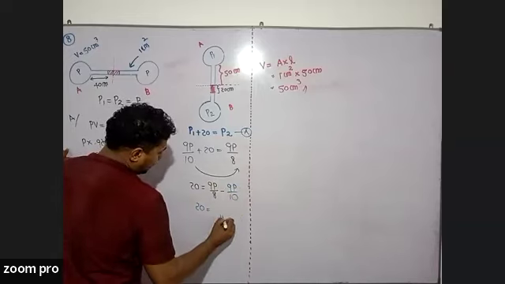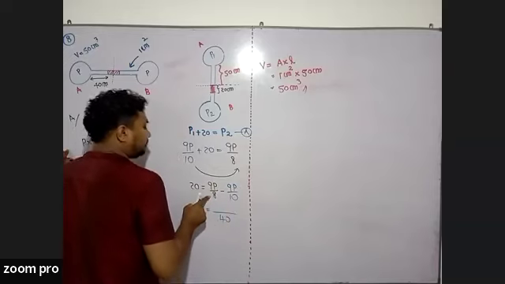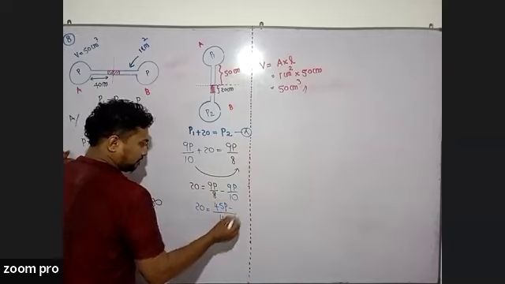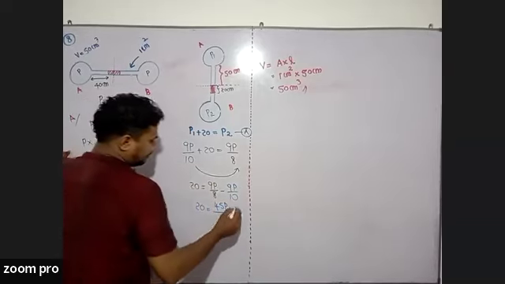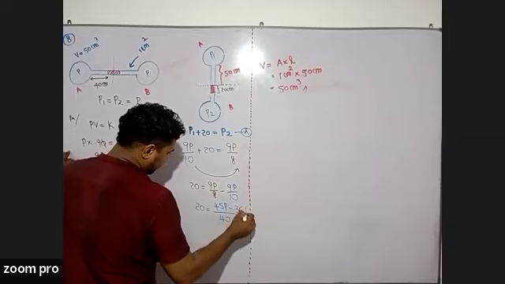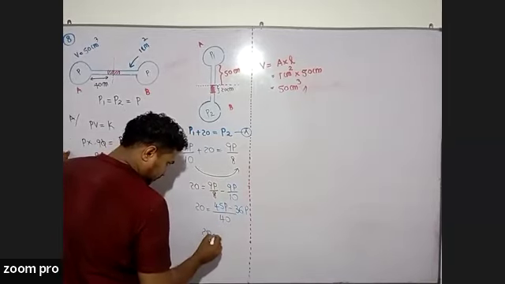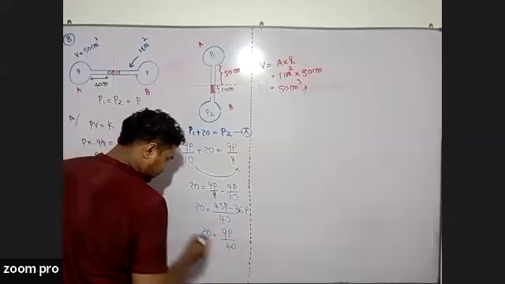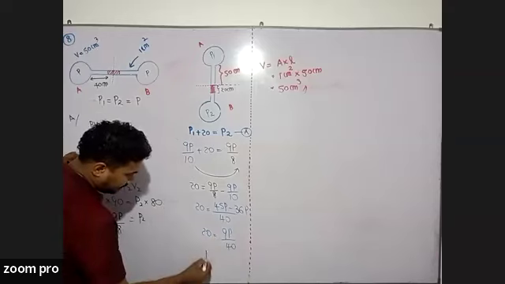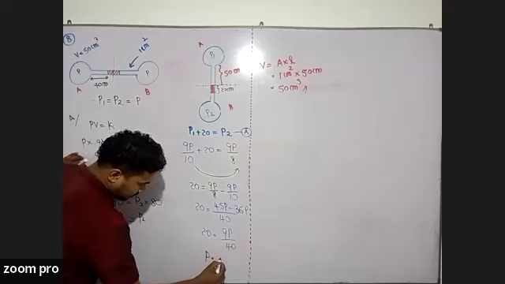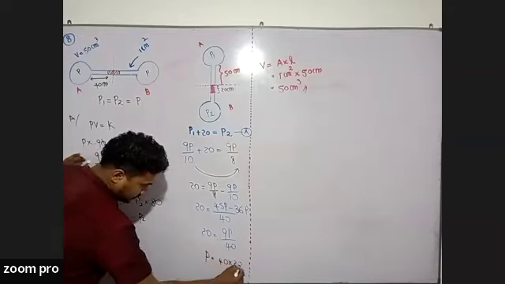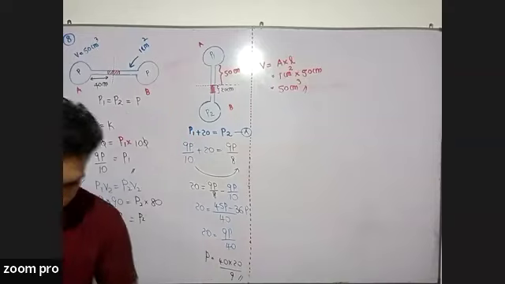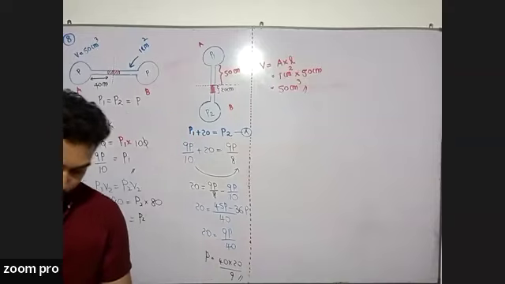And let's consider the common denominator as 40. So this should be the value.